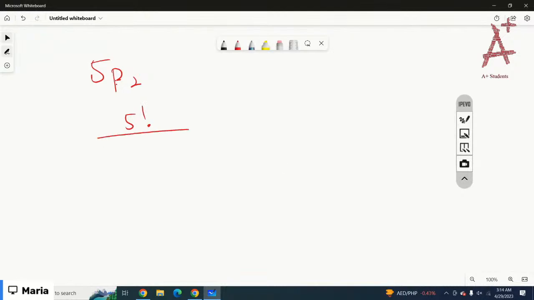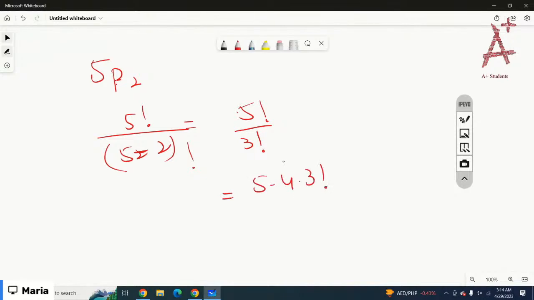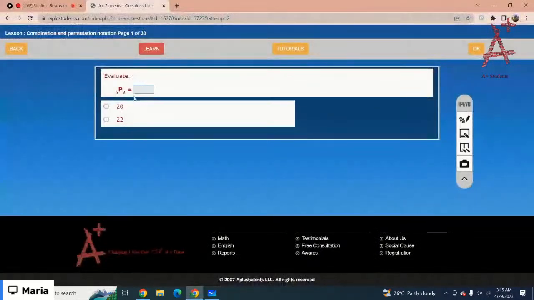That means you need to do 5 factorial and 5 minus 2 factorial. So here you have 5 factorial divided by 3 factorial. So it would be 5 times 4 times 3 factorial divided by 3 factorial. 3 factorial cancels out, and 5 times 4 makes 20. That means 5P2 is 20. So the correct option is 20.